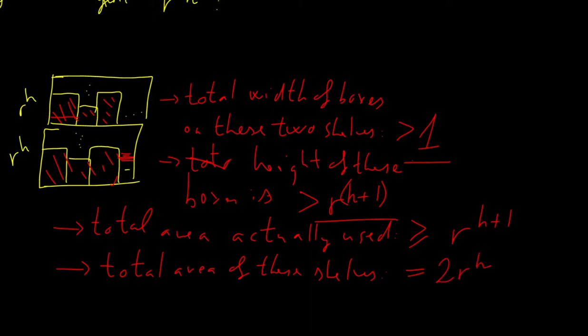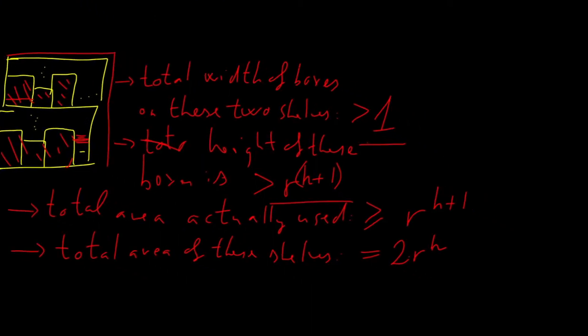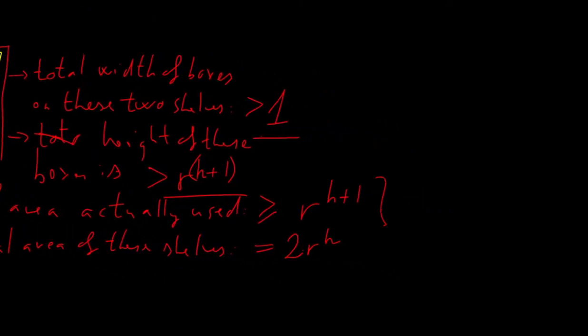Yeah, so it's 1 times r to the h plus r to the h, so it's 2 r to the h, which means that the ratio is r to the h plus 1 divided by 2 r to the h.